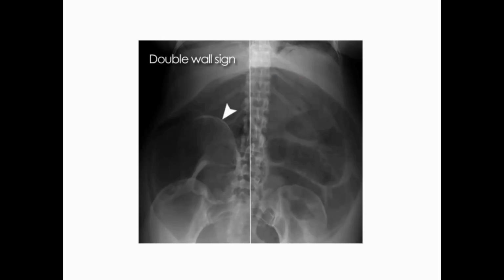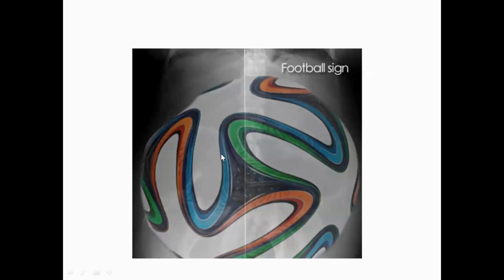So we see this large volume of air in front of the peritoneal cavity with the patient in supine position, giving the appearance of a large American football.